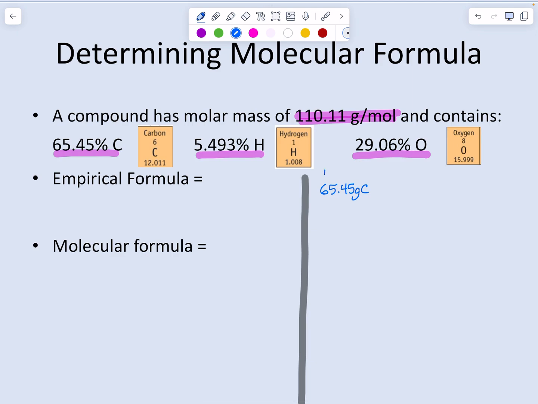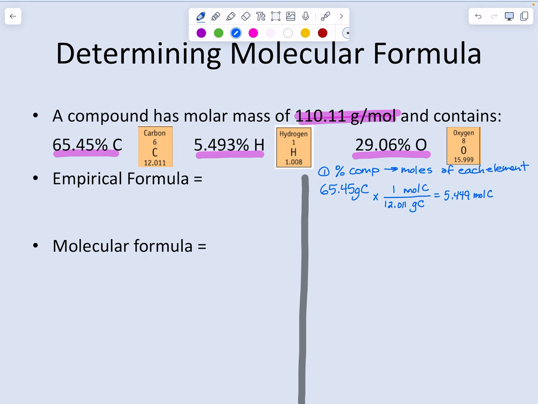So step one is going from percent composition to moles of each element. Okay, so we're going to have the molar mass, and we're going to put the grams on the bottom. We get the molar mass of carbon from the periodic table, 12.011 grams per 1 mole. All right, so that comes out to be 5.449 moles of carbon, okay?